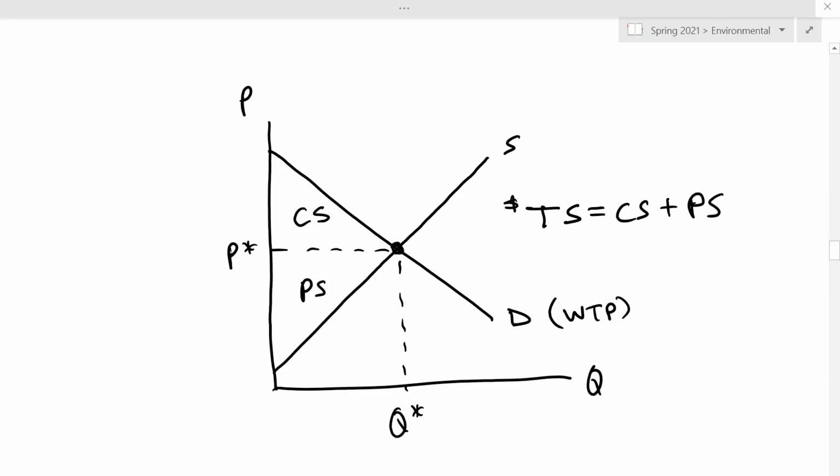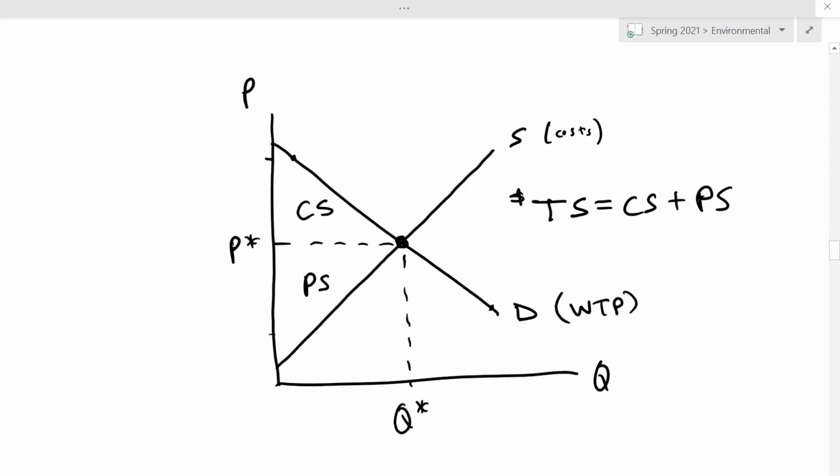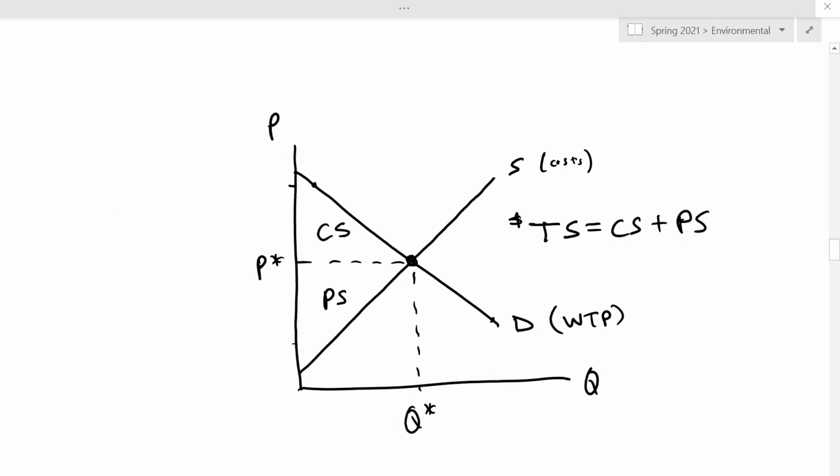Remember, the demand curve is essentially what we can think of as people's willingness to pay, their value. And so there are some people who have a very high evaluation of goods, some down here who have a much lower evaluation of goods. And then the supply curve is made up of costs. But in this video, talking about the benefits, environmental benefits, we're really thinking about the demand curve.